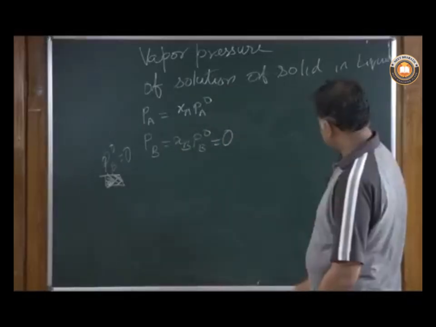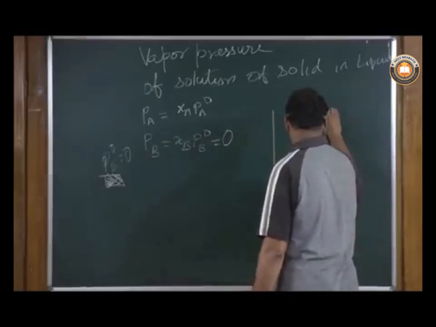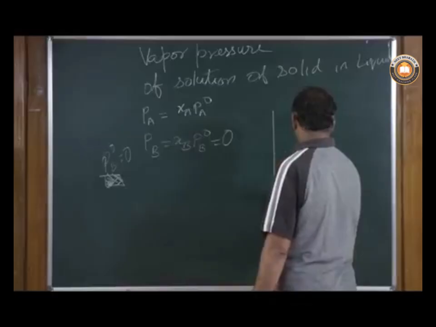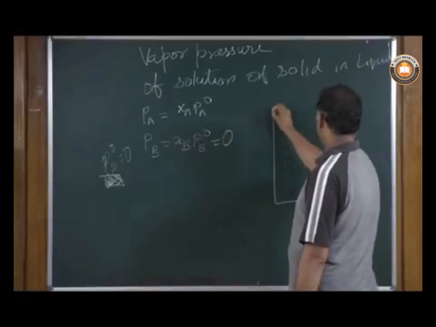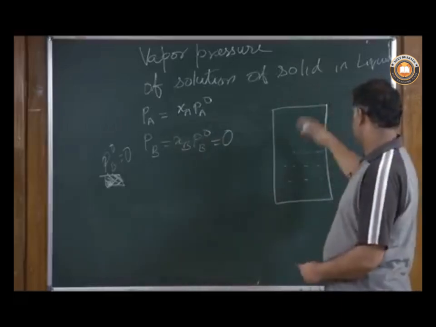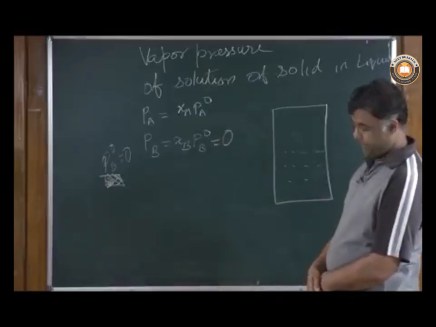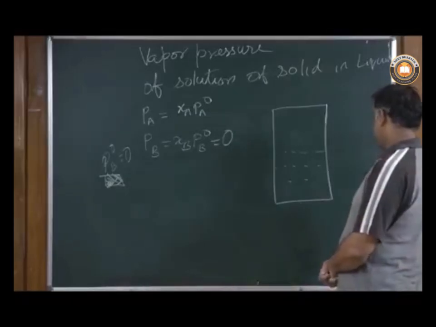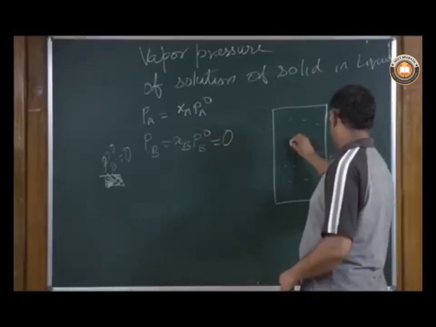Okay. And this can be understood also by the following diagram. We have a pure solvent in a closed evacuated flask. In this flask we have only this solvent A, and it is going to evaporate and fill up this whole space.